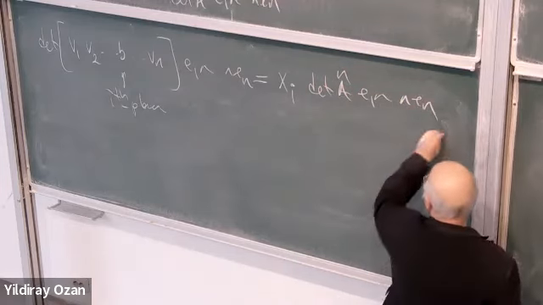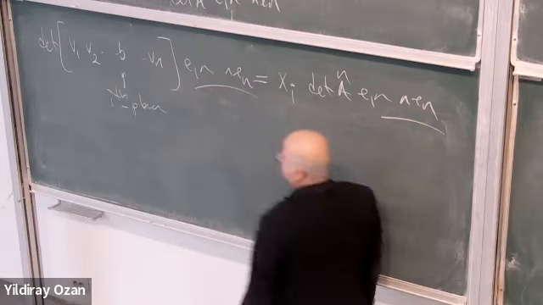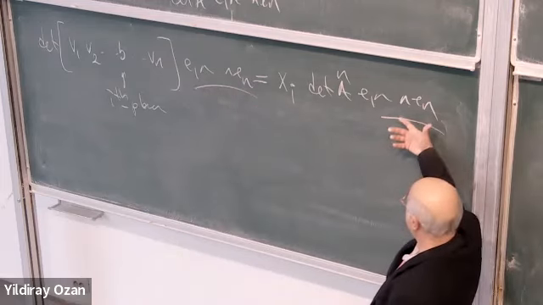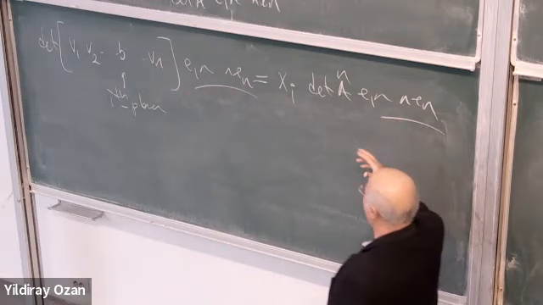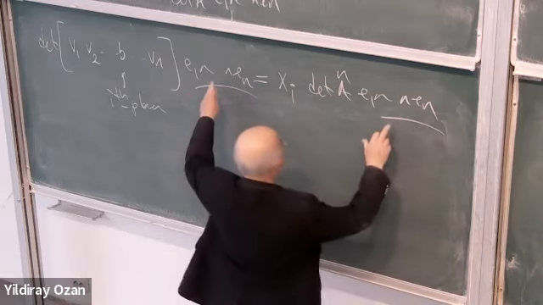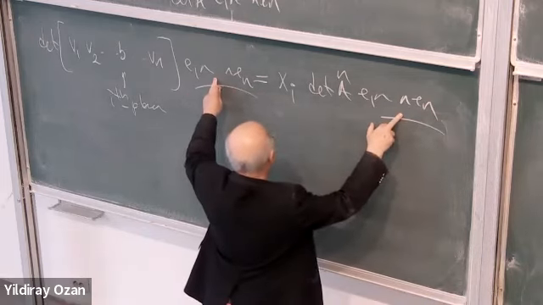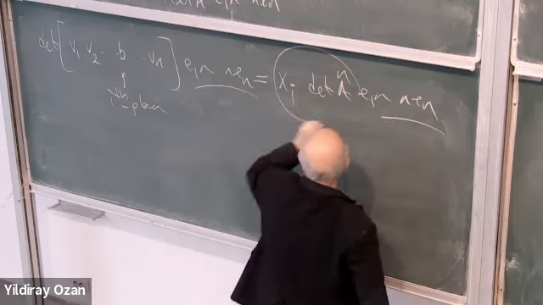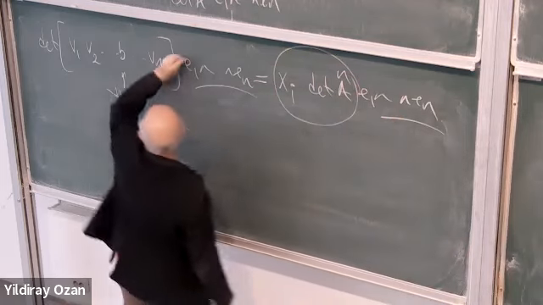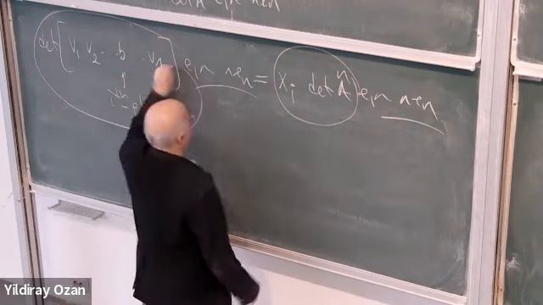Now this is a non-zero vector, and I have it on both sides, therefore the coefficient of this non-zero vector must be the same. One coefficient is this guy, the other coefficient is just this guy.